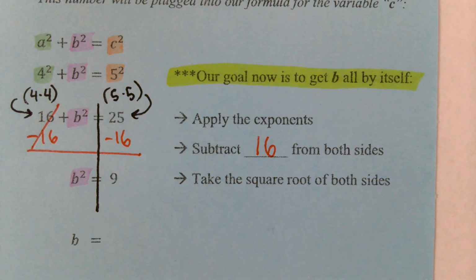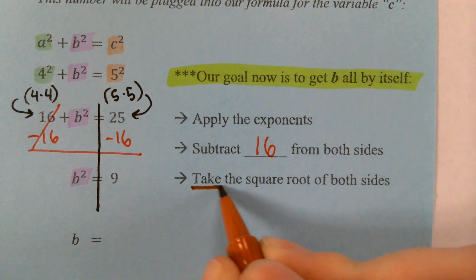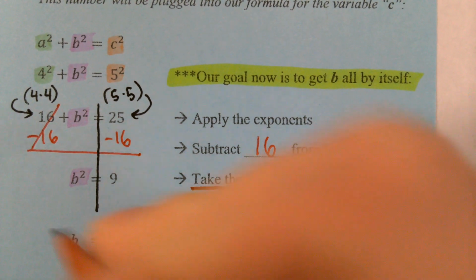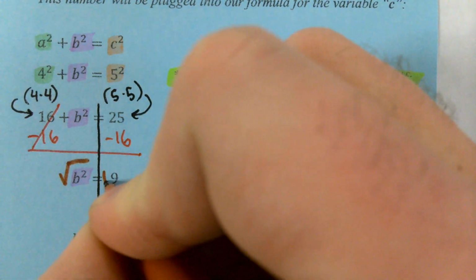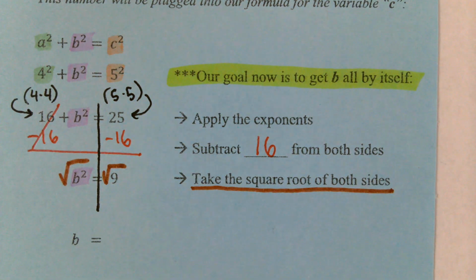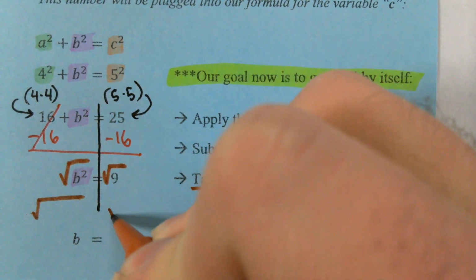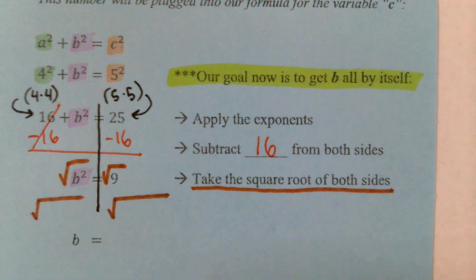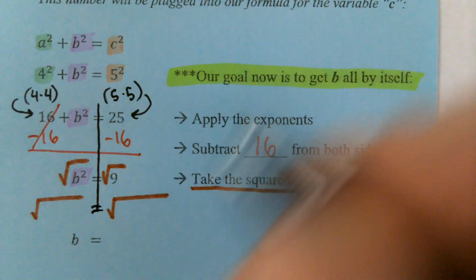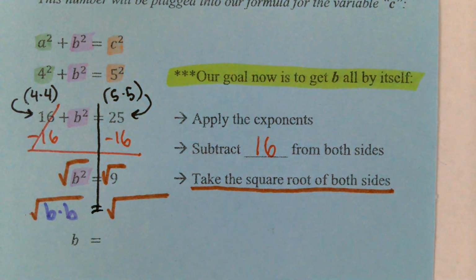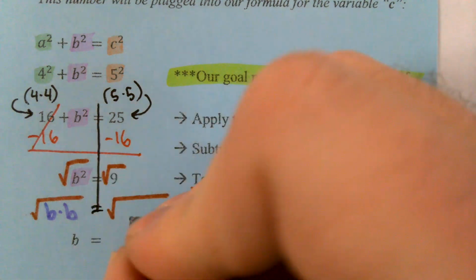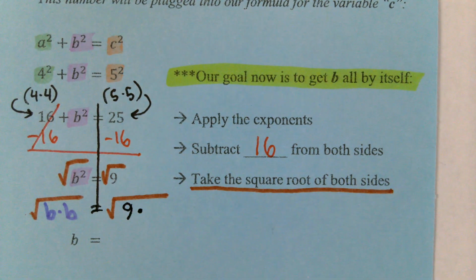Our final step here is going to be to take the square root of both sides. Square root the left, square root the right. If we want to split these up, we see that on the left we've got B times B. And on the right we've got 9. I'm sorry, messed that up already. Hold on.